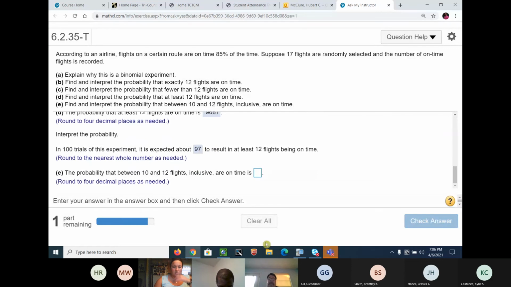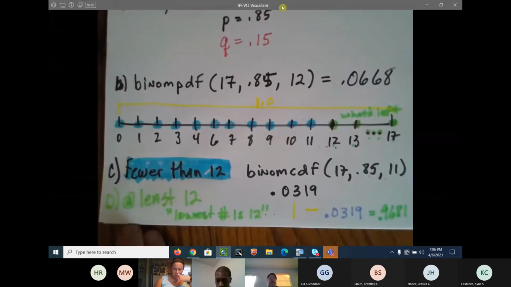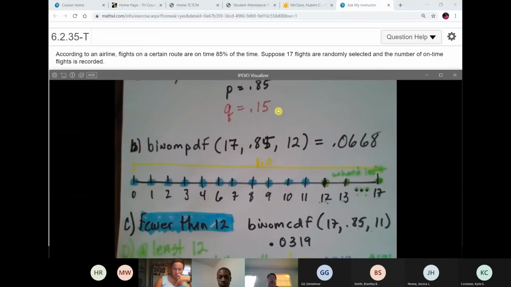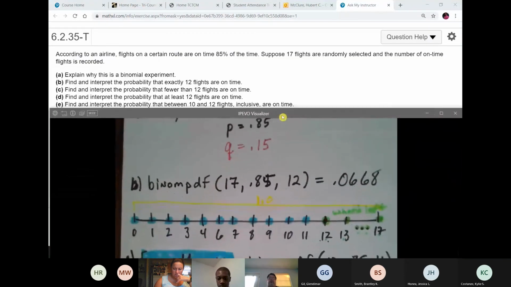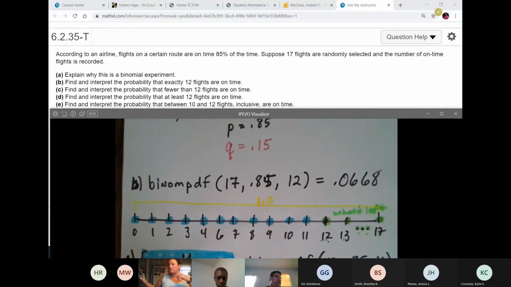What does E say? E says, find the probability between 10 and 12. Somebody tell me what number is between 10 and 12. 11.